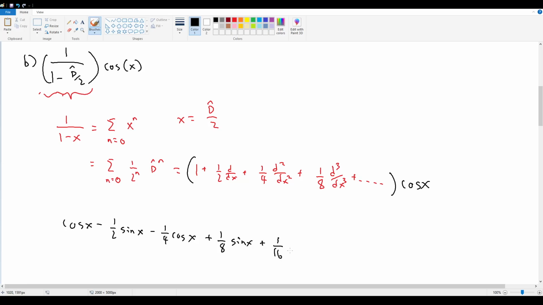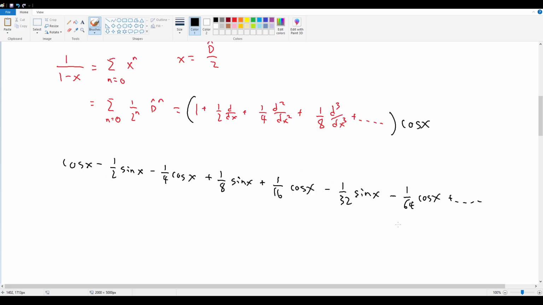plus 1/16 cosine x. I'm just writing this out fully because it looks like there's a pattern, right? Minus 1/32 sine x plus, or minus, 1/64 cosine x, and so on and so on. So what this looks like to me is that I have two different series. I have a cosine series and I have a sine series.